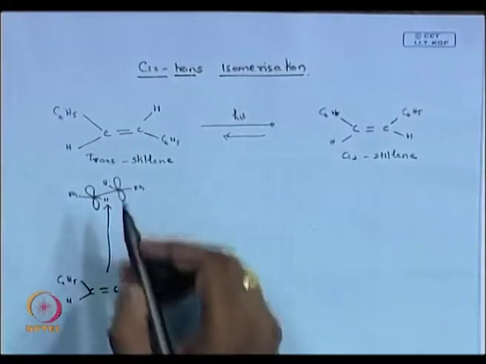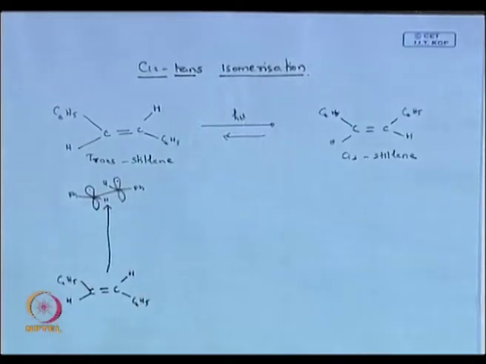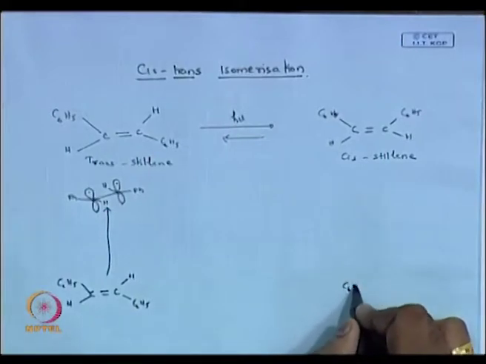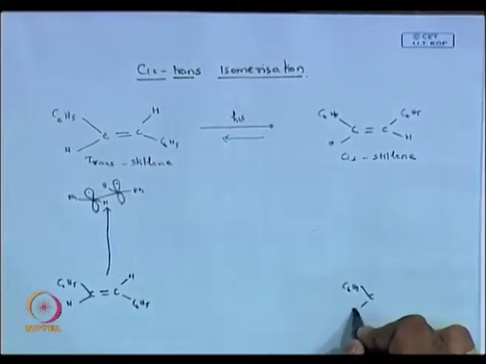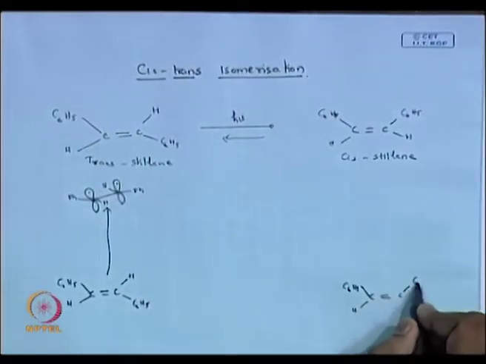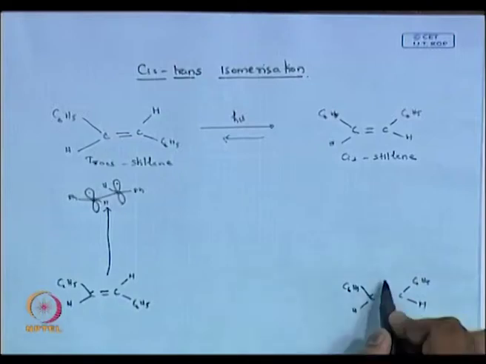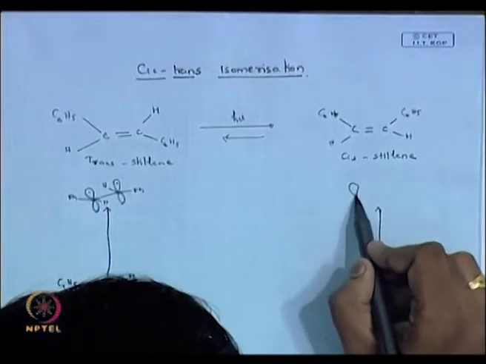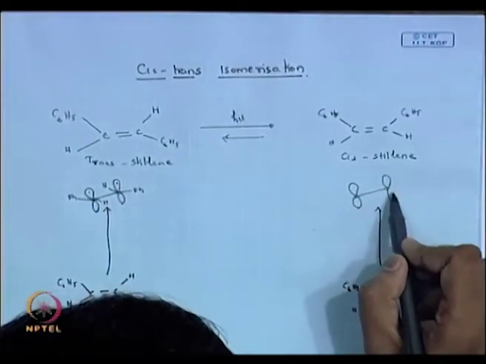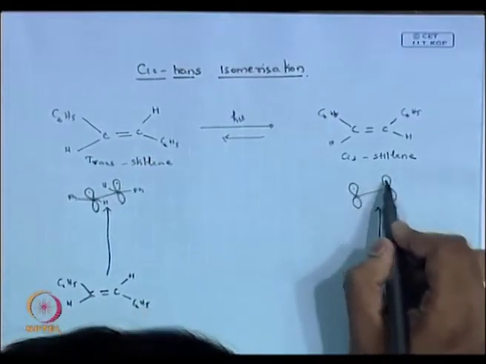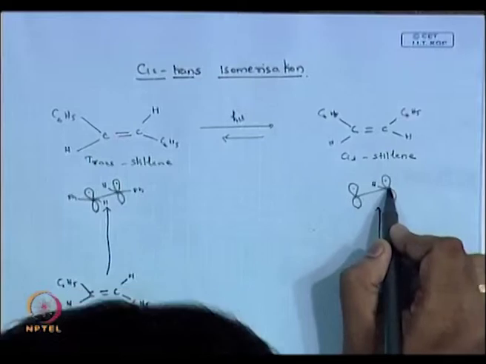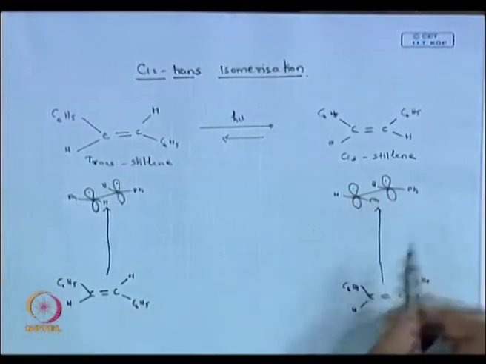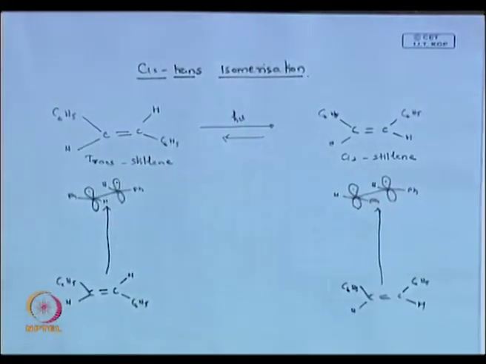I get it like this if the system has trans. You think if the system has a cis, then how it will be. Then if I excite this, I get two types like this, a cis and a trans.